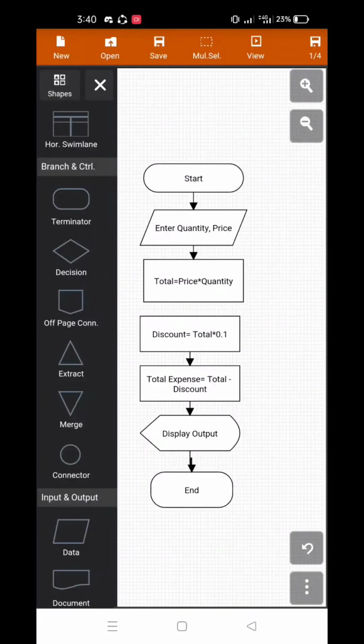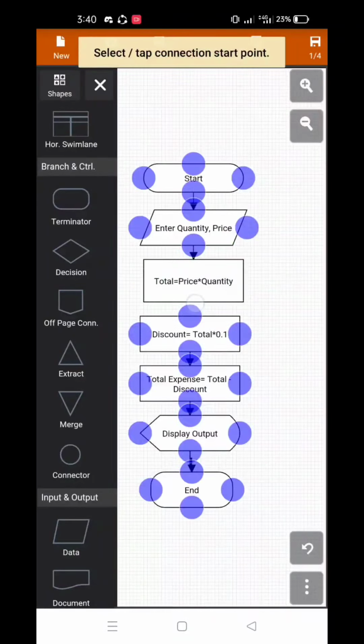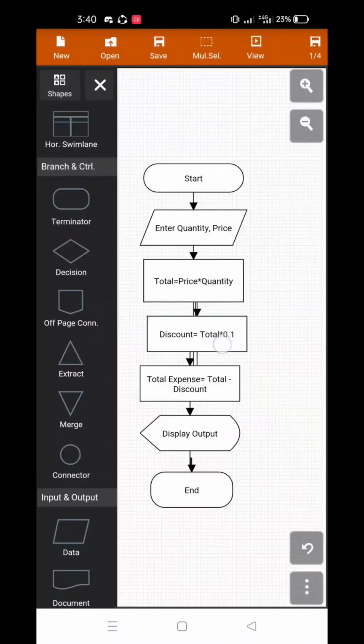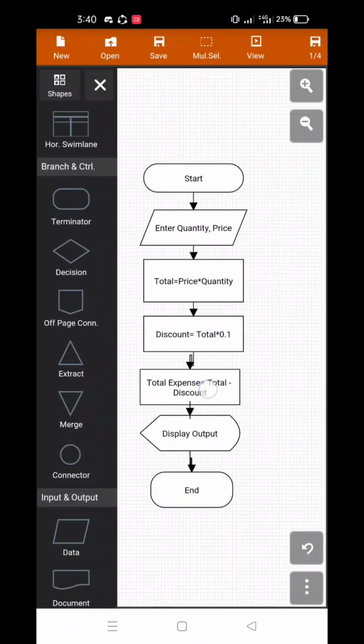So the total of the amount of a certain product is gotten by multiplying the price and the quantity. So we forgot to put a connector here. Like that.